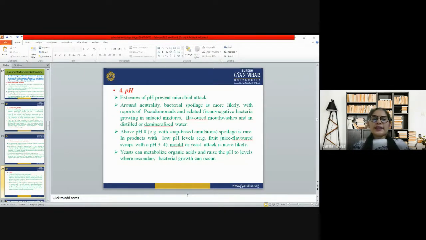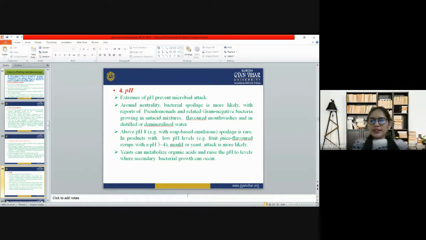Now, another factor is pH. Extremes of pH prevent microbial attack. Around neutral pH, bacterial spoilage is more likely, with reports of Pseudomonas and related gram-negative bacteria growing in antacid mixtures, flavored mouthwash, and in distilled or deionized water.